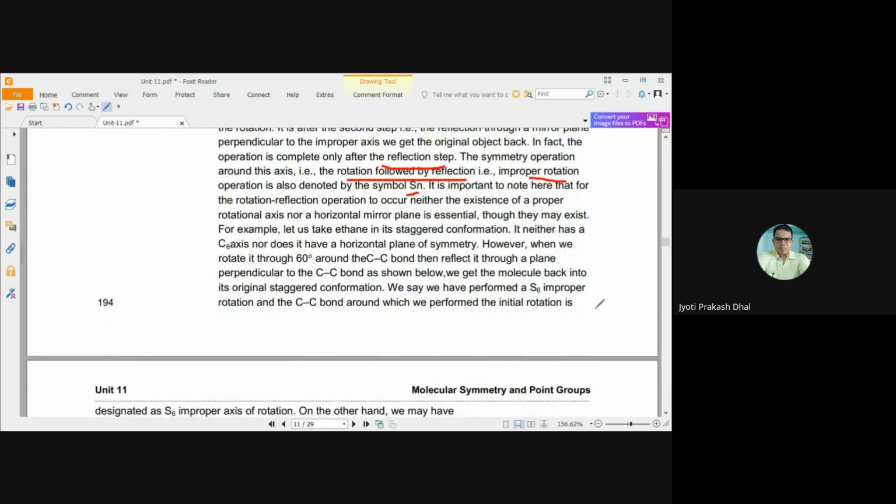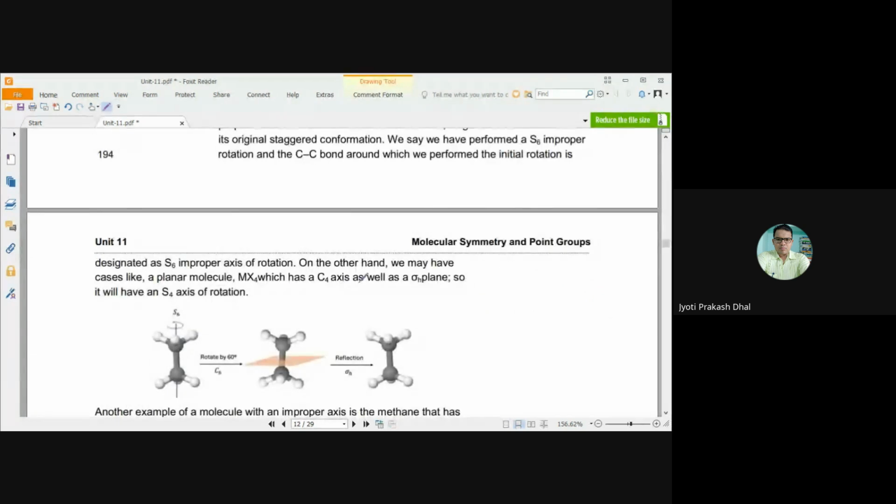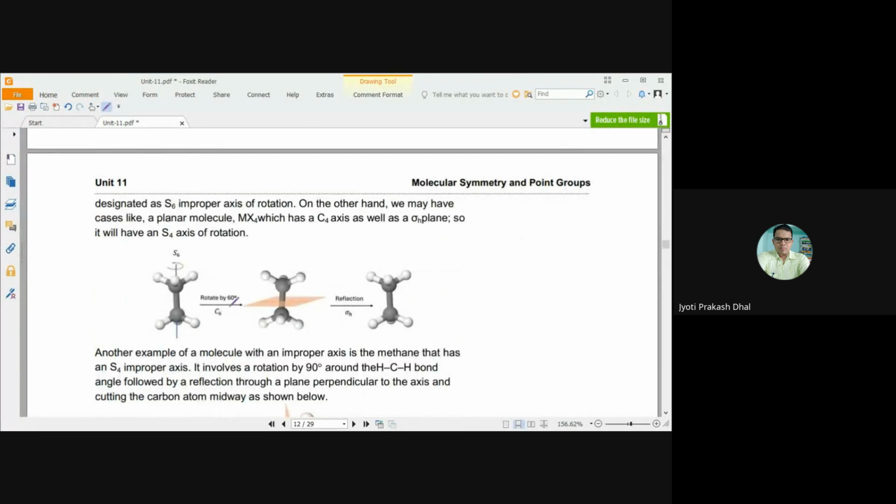For example, let us consider ethane in its staggered configuration. You can see ethane in its staggered configuration. This is the structure of ethane. We know that ethane is CH3 single bond CH3.